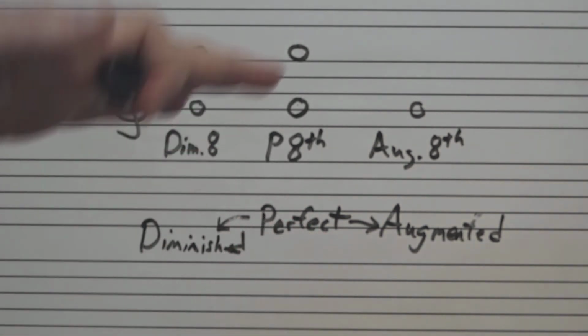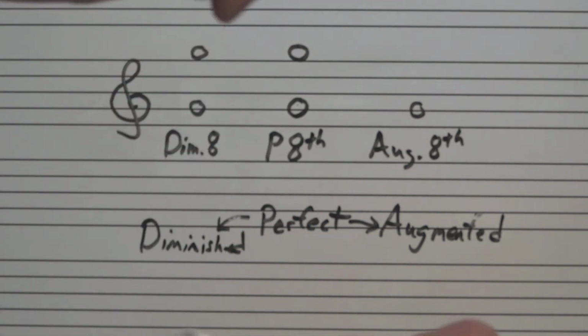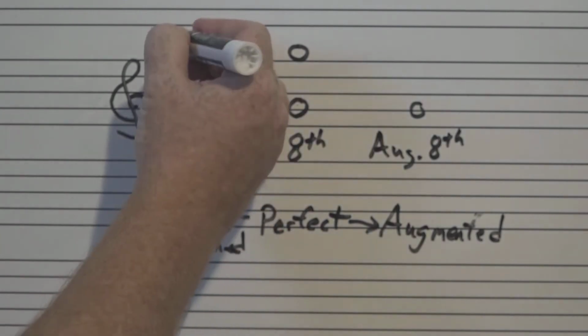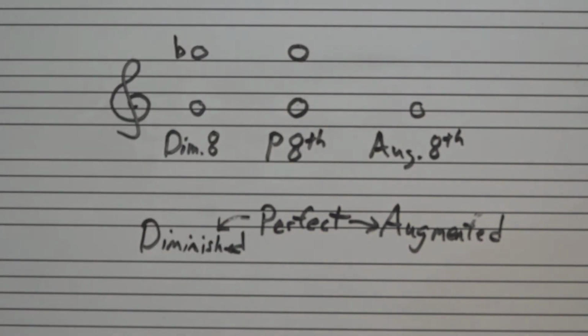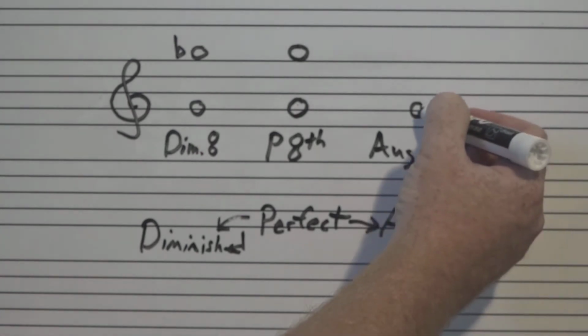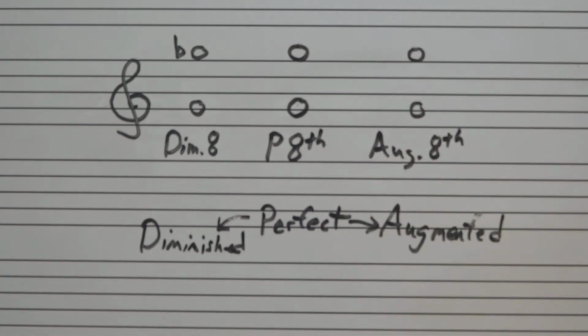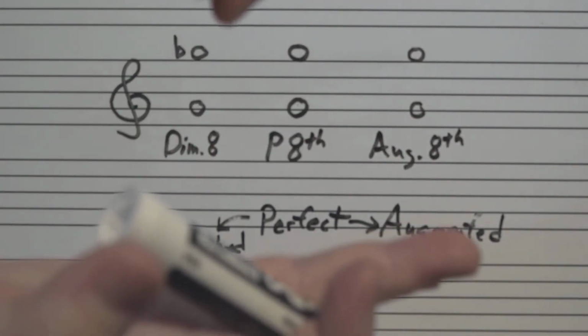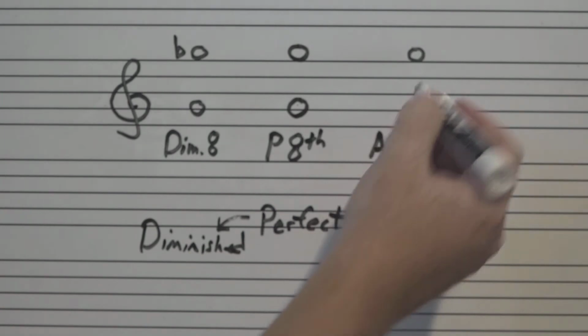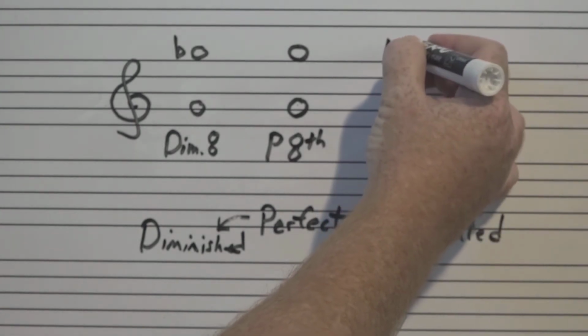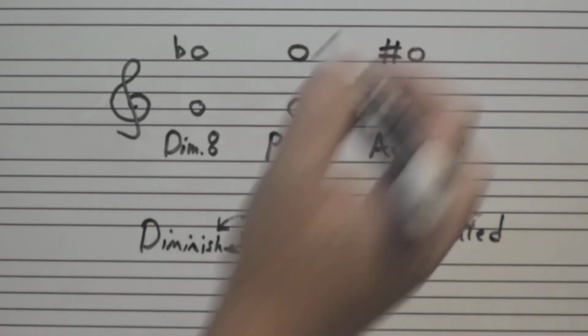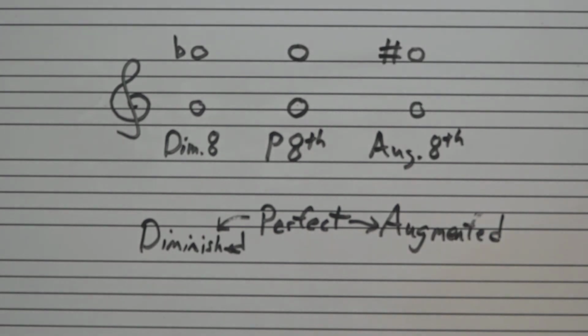And that perfect octave is diminished, going closer together, so it's G to G flat. If we're looking for an augmented octave, we first do the perfect octave, and then for an augmented we get further apart, a G to a G sharp. That's how perfect intervals work.